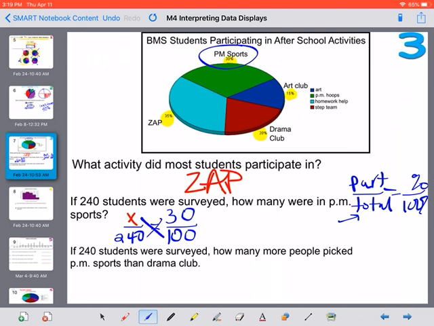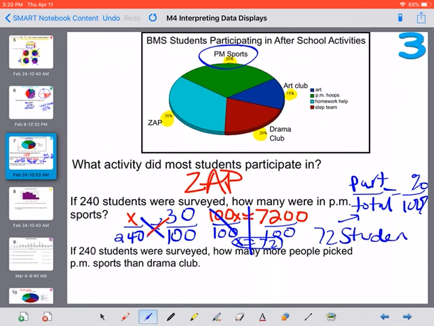Let's cross multiply. 100 times x is 100x. 240 times 30, I'm going to need my calculator for that one, gives me 7,200. Now this is a one-step equation, so we divide by 100, and we get x equals 72. So there were 72 students in PM Sports.